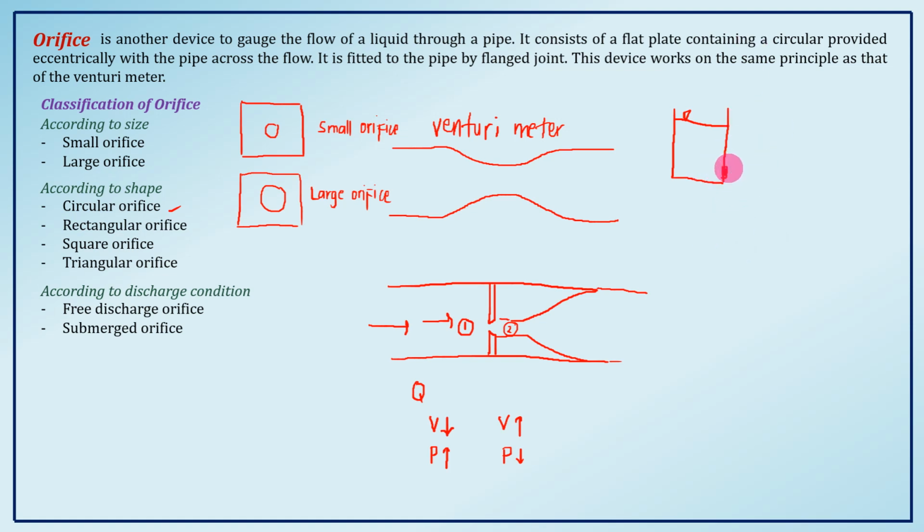Di ba? Magpo-flow yung liquid natin pababa. Ayan. So, since walang sumasalo doon sa nade-discharge na liquid from this tank, we have a free discharge orifice. Okay, free discharge orifice. And kailan naman tayo nagkakaroon ng submerged orifice?